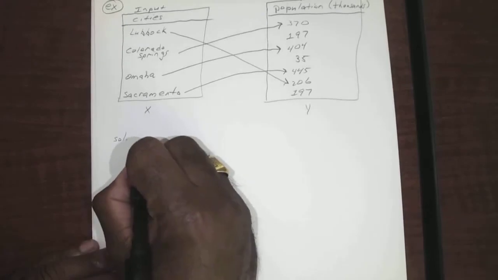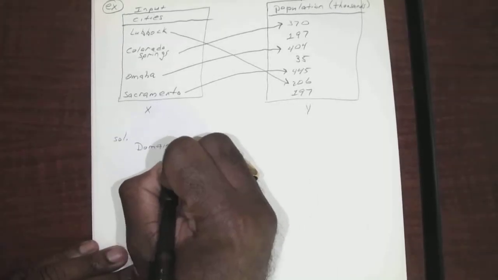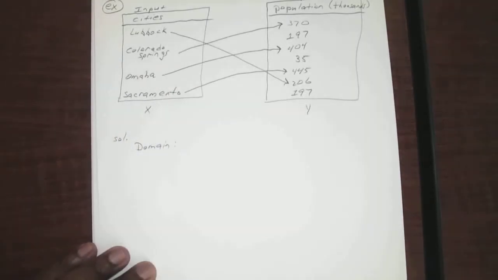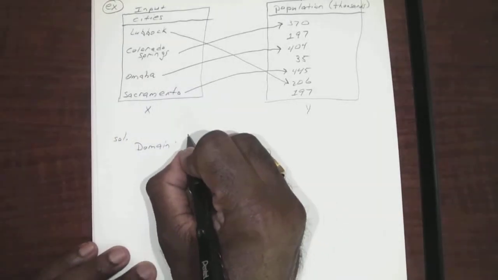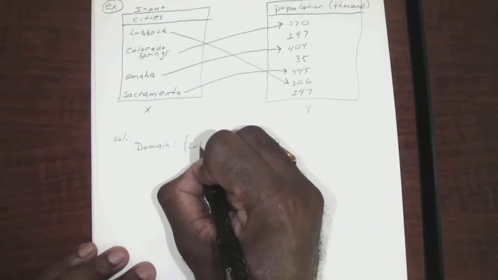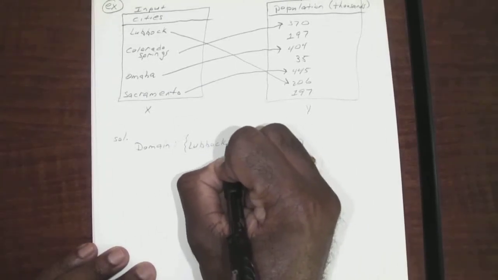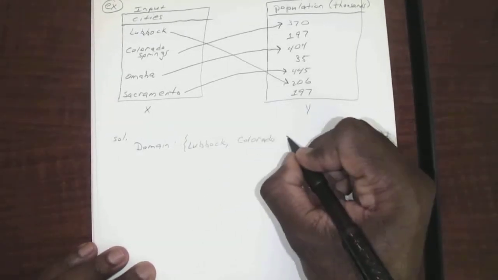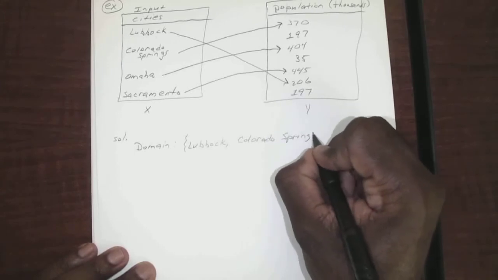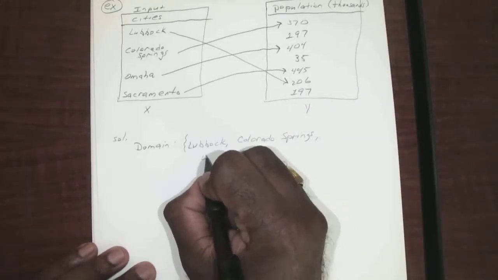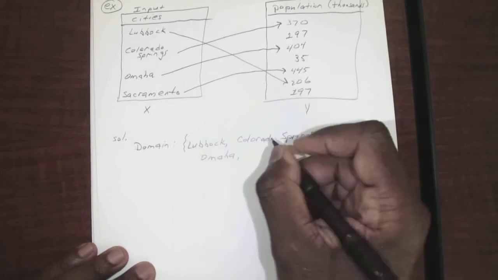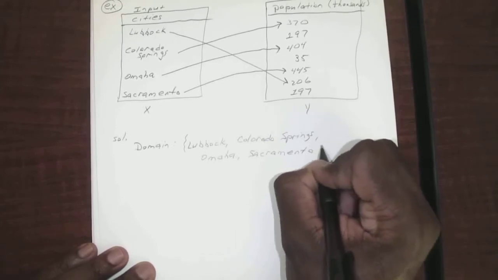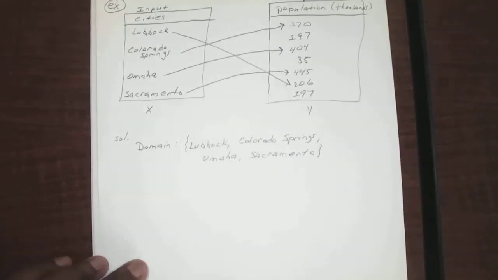So that means your domain would be Lubbock, Colorado Springs, Omaha, and Sacramento. Okay, so that's your domain.